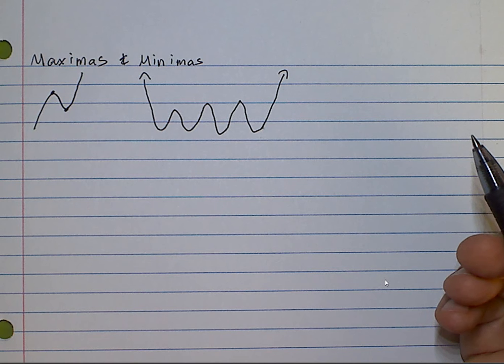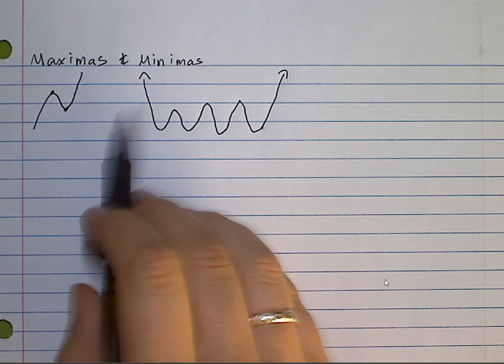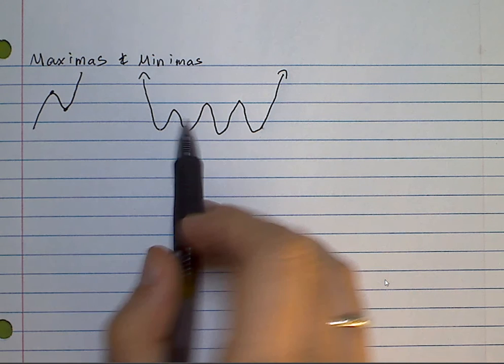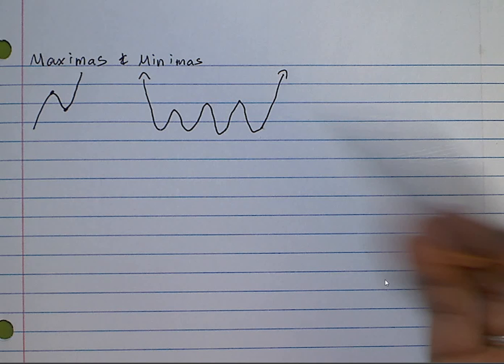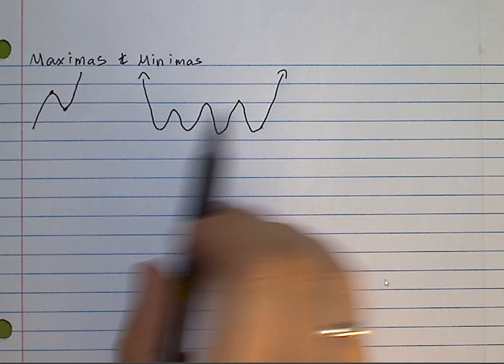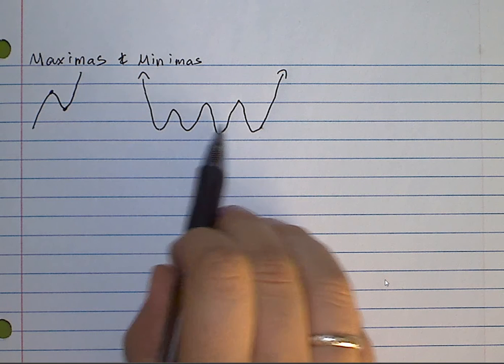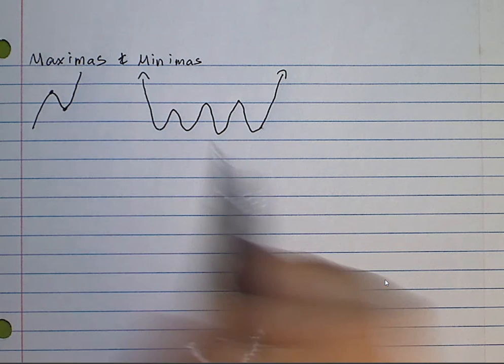It does look kind of sinusoidal, but you could have as many of these as you want. This particular one would have 1, 2, 3, 4, 5, 6, 7, 8, so this would be x to the 8th in there somewhere. You could have as many maxima or minimas as you want in a function.